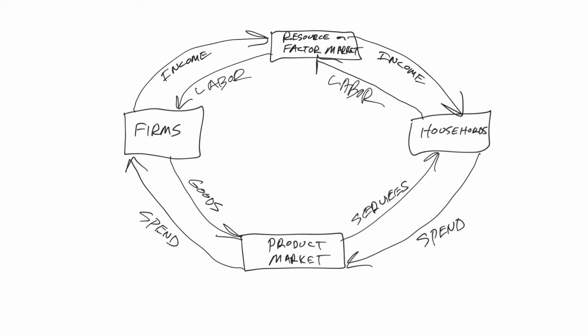Another thing I want you to notice, or to get out of this, is notice that this spending flows through as income. So how much income is there in the economy? The amount of this spending.